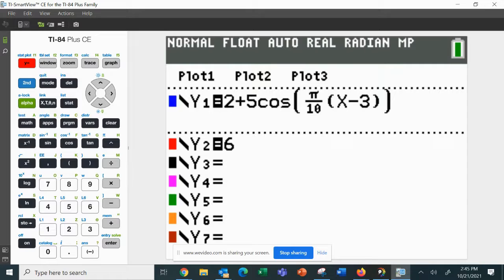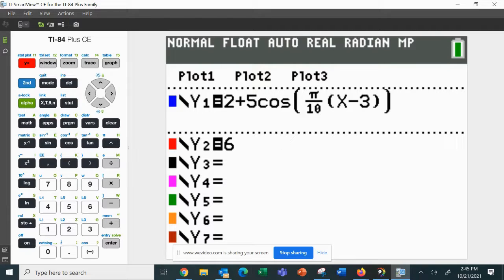Before you hit graph, you may want to consider your window. The amplitude is 5. The sinusoidal axis moves it up 2. So I need to go up at least 7, down to -3. Probably the y's are fine, -10 and +10. But the x's, looking at my answers, we need values that are positive all the way past like 21.